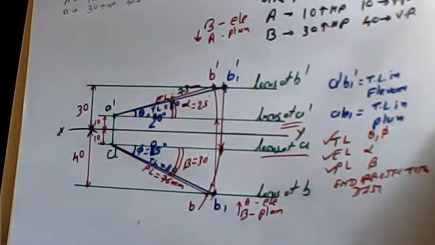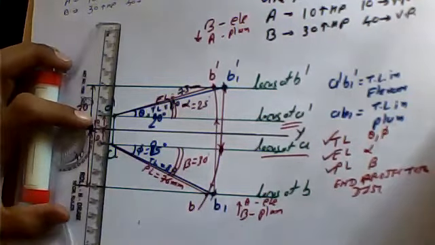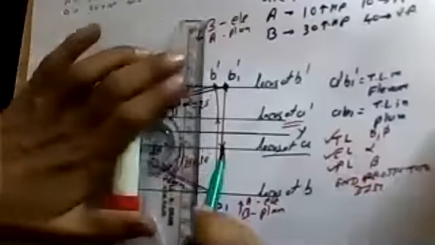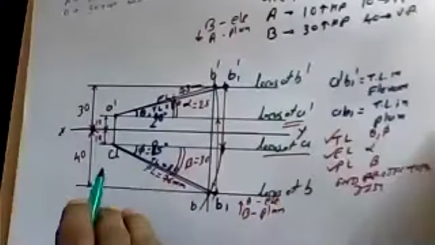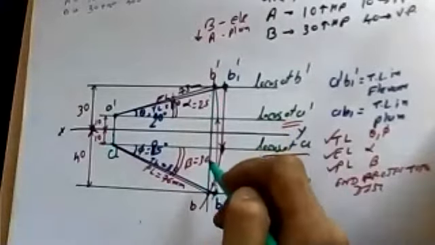Okay, and now we need to check one more parameter. Just like A dash A is on a same vertical line, in similar manner we are going to have B dash B also on a same vertical line. जैसे A dash A एक straight vertical line पे, वैसे ही B dash B भी एक straight vertical line पे रहेगा.